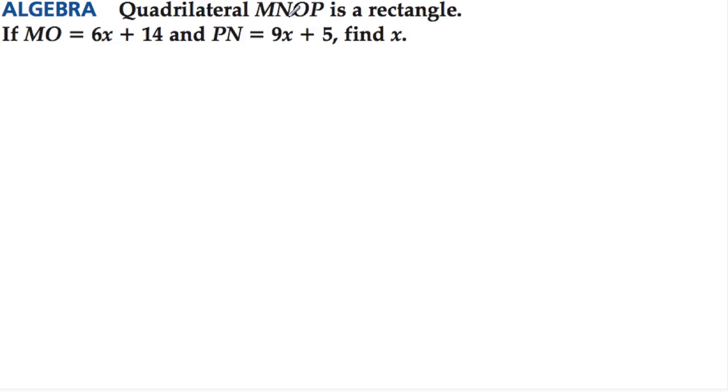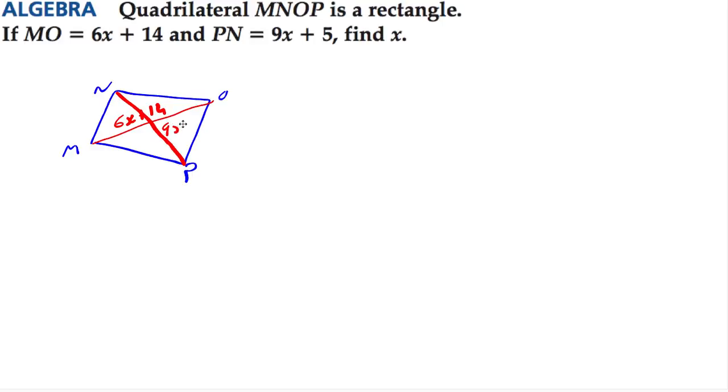So for example, quadrilateral MNOP is a rectangle. If MO is 6x plus 14 and PN is 9x plus 5, find x. So MO is this, that's 6x plus 14, and PN is this, that's 9x plus 5.